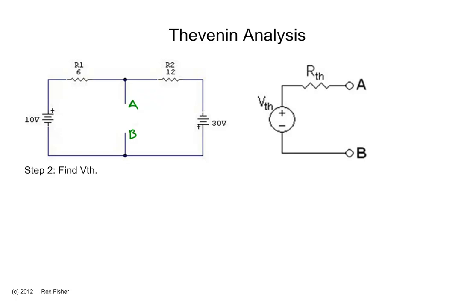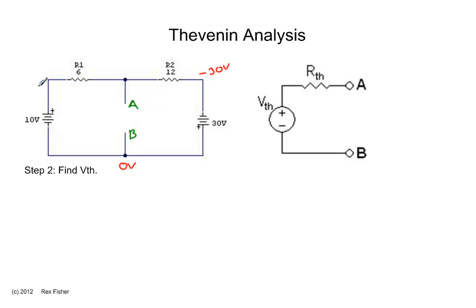The next step is to find the Thevenin voltage, or VTH. The Thevenin voltage is the voltage across the points A and B. If we call the voltage here 0 volts, this battery forces this point to be at minus 30 volts.